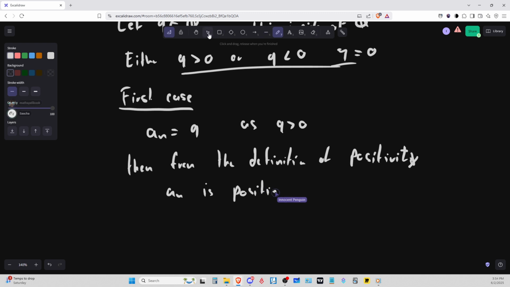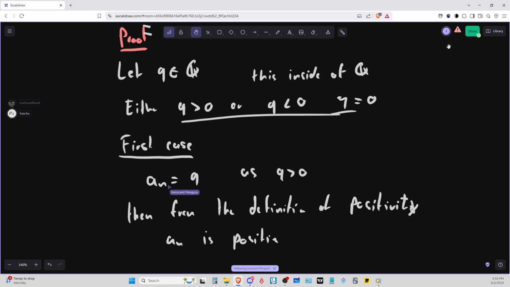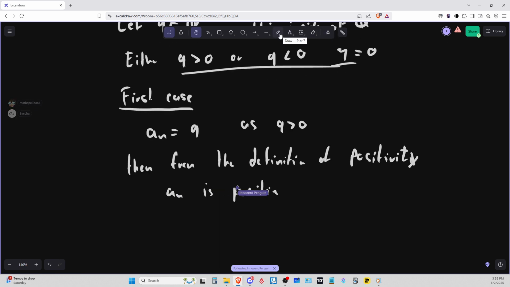Actually, the condition is weaker, because real numbers are equivalence classes of Cauchy sequences, and a real number is positive if we're able to find some sequence inside of that class which is positive. But here we don't really have to find one, because we already have an obvious one that we can choose. Therefore, a_n is positive.